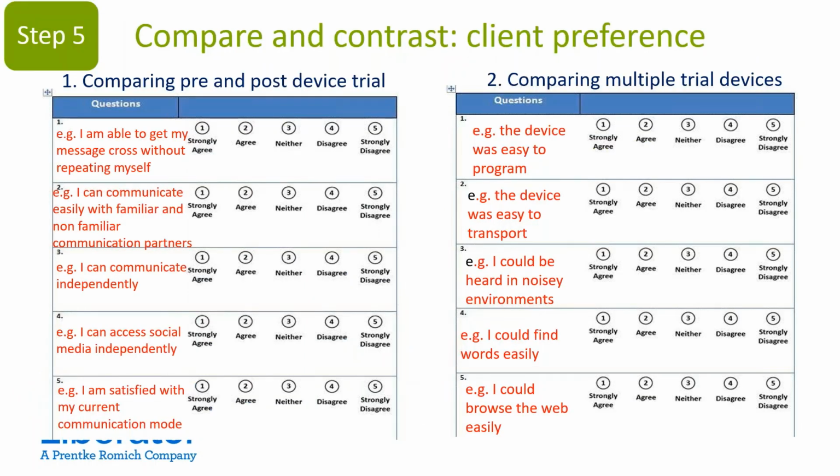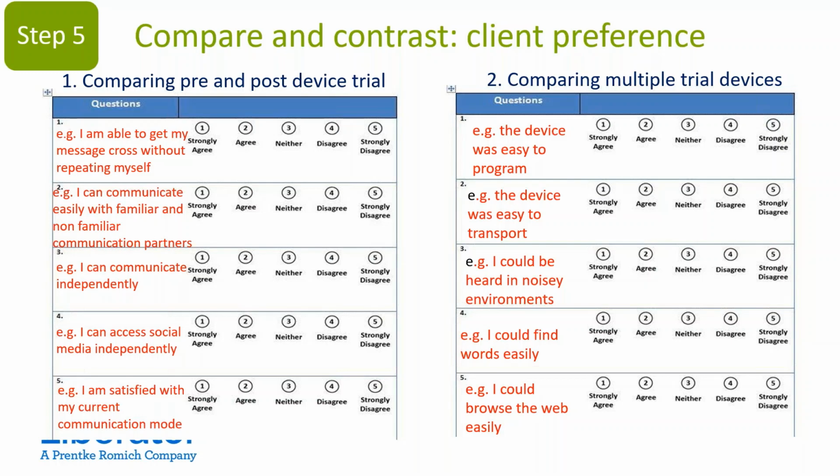You might also wish for your client's parent or the caregiver to fill out a pre and post questionnaire just to get some more qualitative data on the trial. We've filled out this questionnaire, or two questionnaires here, just for you to get a comparison about how you could use it.